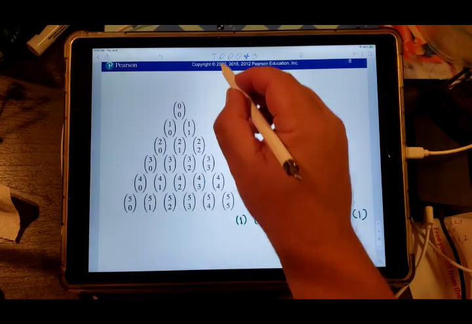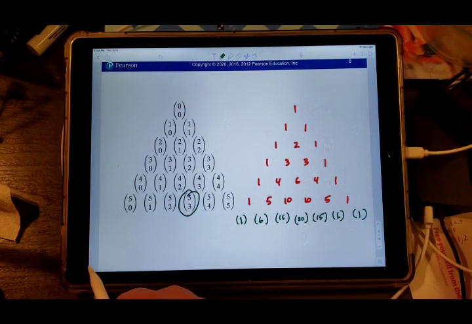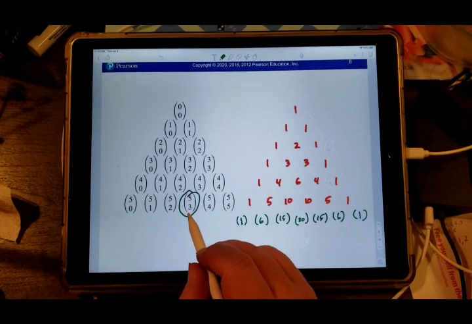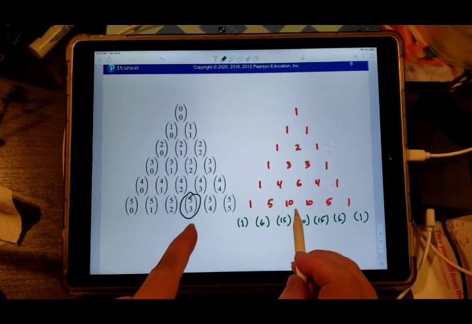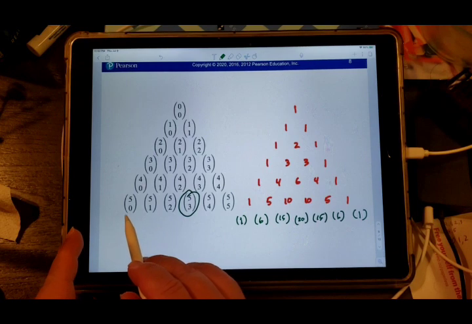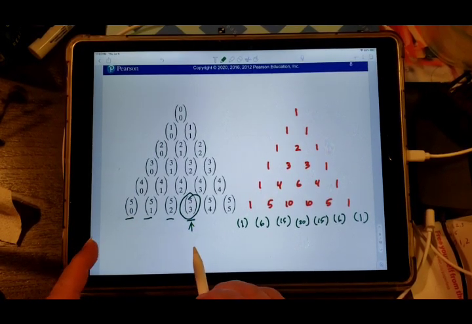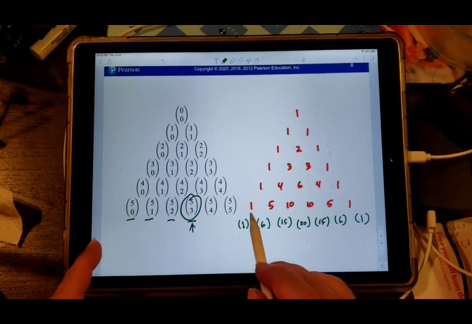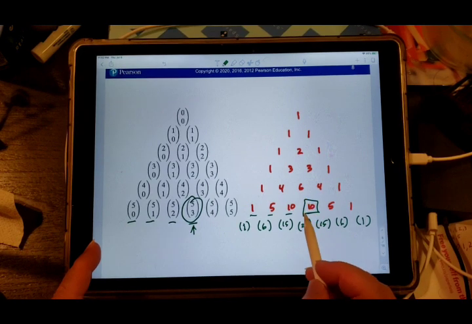We calculated this value, and I said there's another reason why I know it's 10. I could just match it up to my Pascal's triangle. So what's the fourth entry here in this list of numbers?